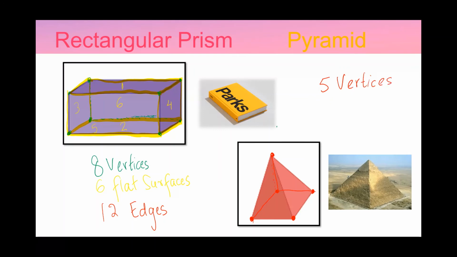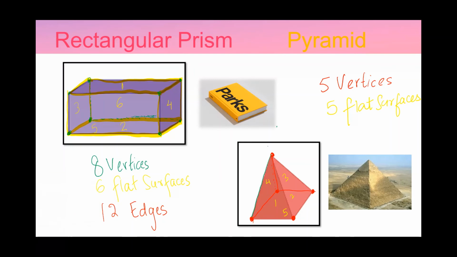How many flat surfaces? Count. 1, 2, 3, 4, and the bottom 5. 5 flat surfaces. And how many edges do we have?